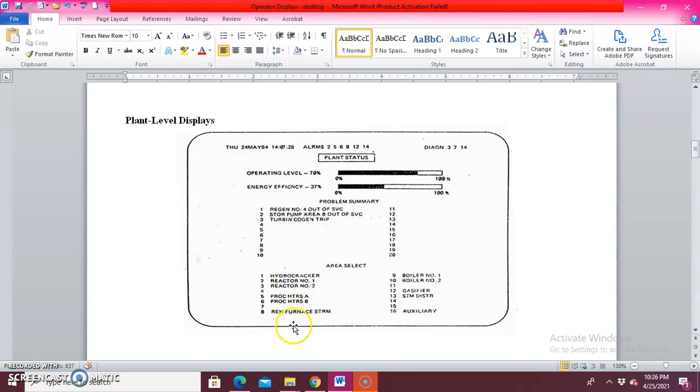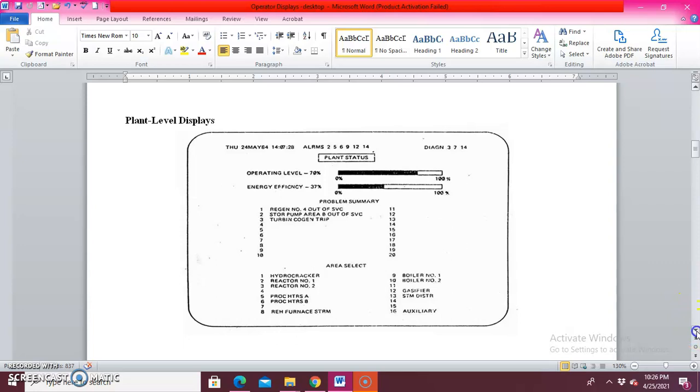The area select shows how many reactors, that is, how many units you have. It may be a reaction unit, gas unit, auxiliary, turbine, whatever sections you have in that particular plant. These are indicated with a display that gives you an alarm signal as well as the range of your level, like a percentage level. That is what a plant level display looks like. This is how the diagram looks.